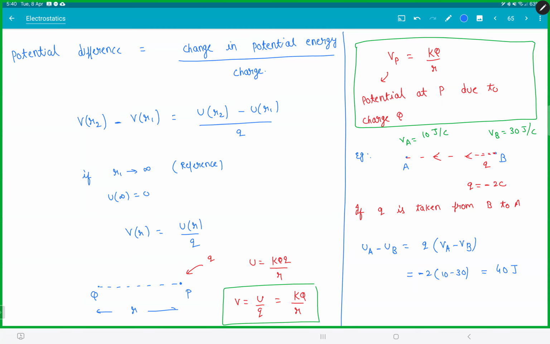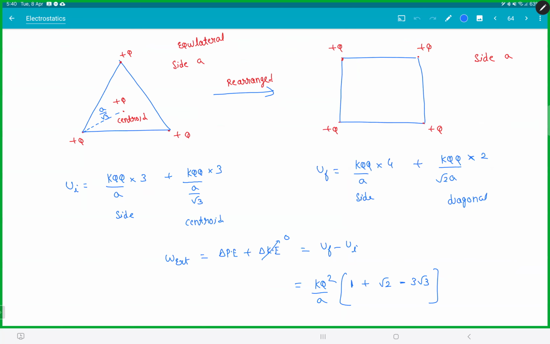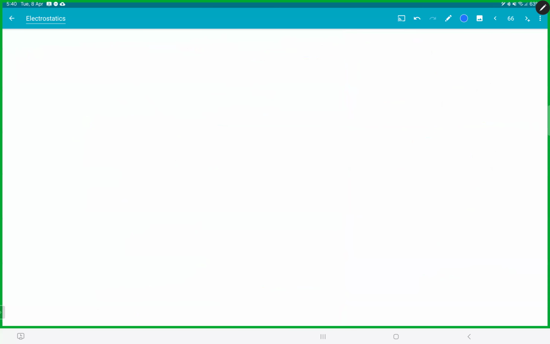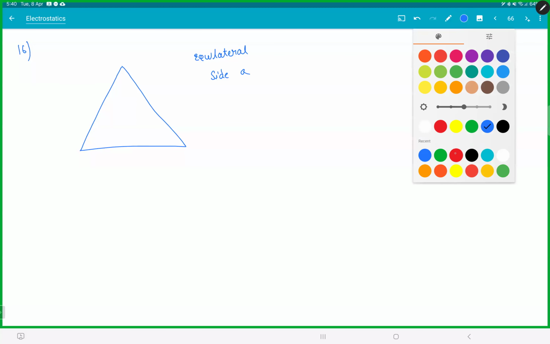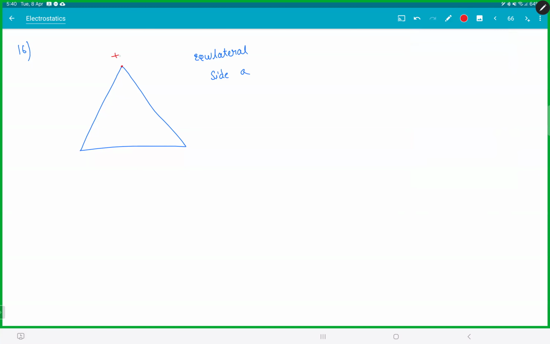Let's see a question. We have an equilateral triangle. Here we have plus Q. Here we have minus 2Q.